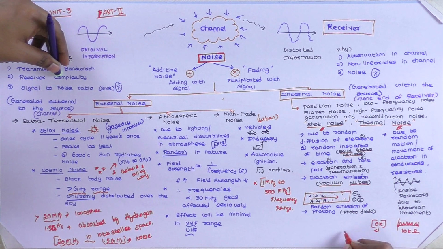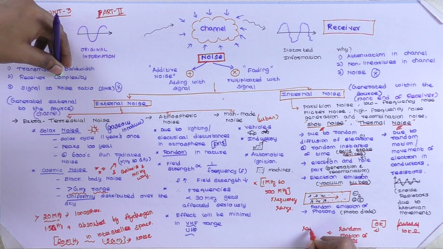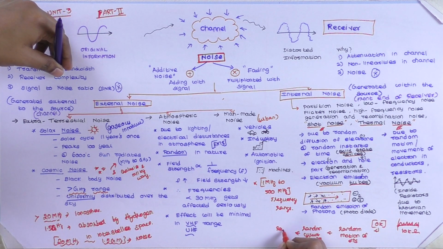So this creates a random movement of electrons. This random motion causes random current flow inside the conductor. This random current flow will create random voltage fluctuations.